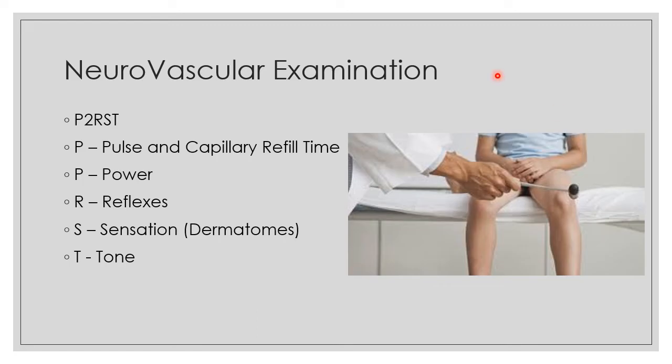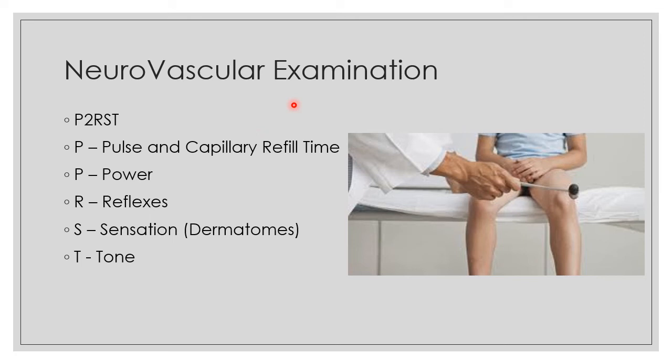Next is your neurovascular examination. This is your P2RST, the mnemonic for this: pulse and capillary fill time, power, reflexes, sensation or the dermatomes, and tone. Pulse and capillary fill time, as you can recall from your BLS, you check for your pulses.